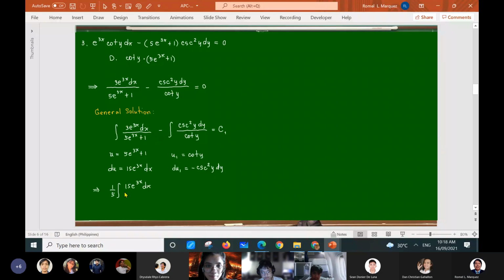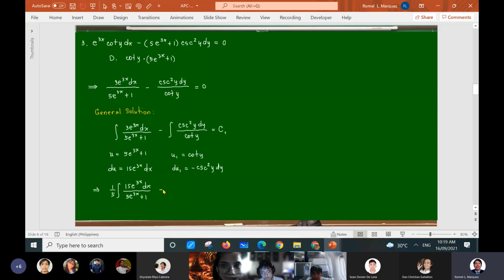Children? I multiply by 5 because I need 15. What did I multiply to 3? 5, no? Balance outside by 3. So here, denominator. Okay, so this is du over u. Integral of du over u.